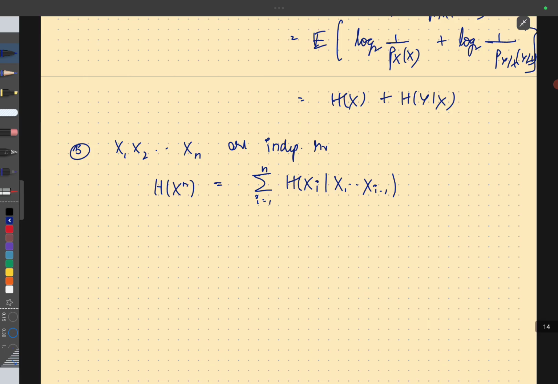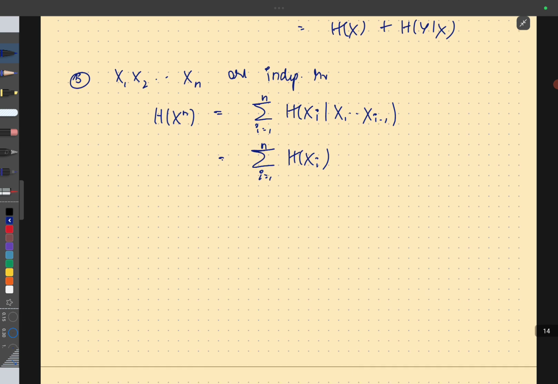The conditional distribution is equal to just the marginal itself. So this is nothing but the summation from i equal to 1 to n of H of Xi. Okay, hopefully that's fine.